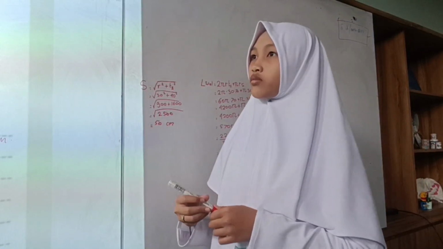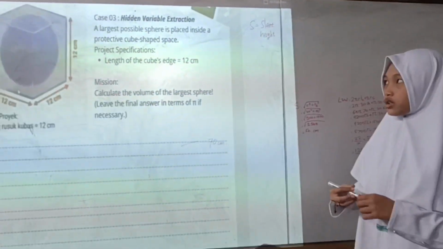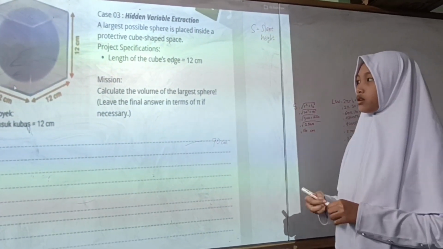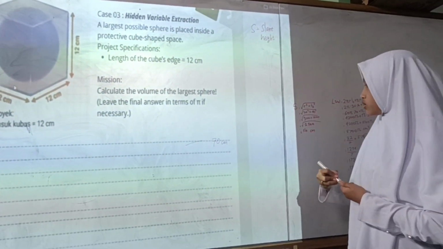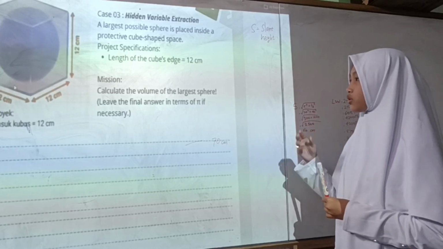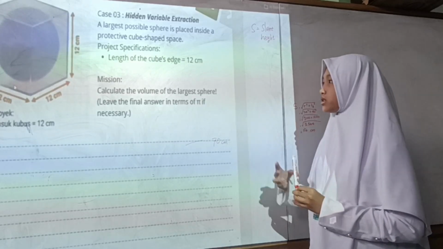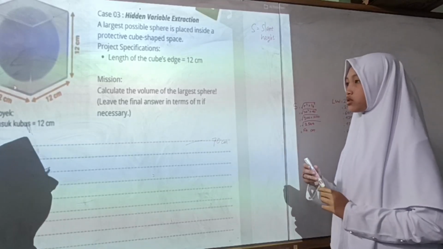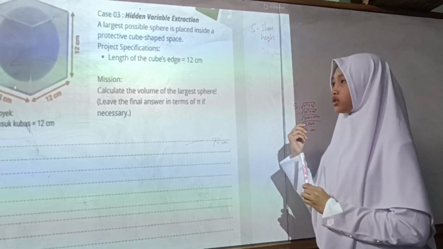So here is the second mission, which is the case-3 hidden variable extraction. So here we must calculate the flow of the largest spring. So here we must find the radius first because it's not mentioned here, and to find the radius we must find the diameter, because diameter is the length of the circle.